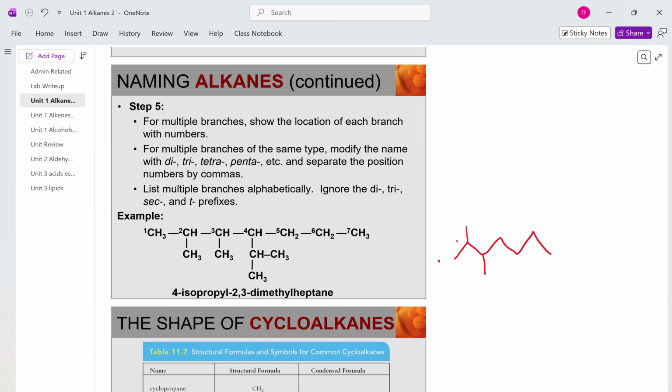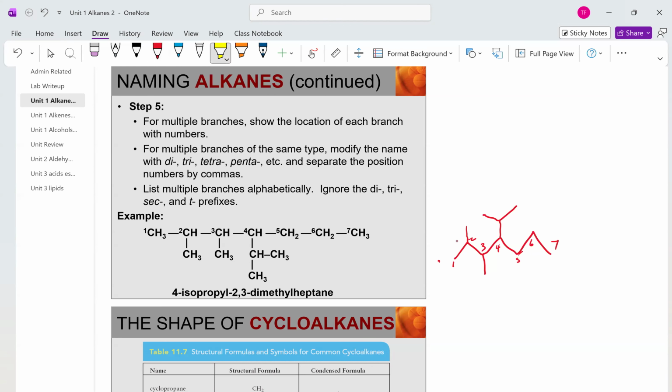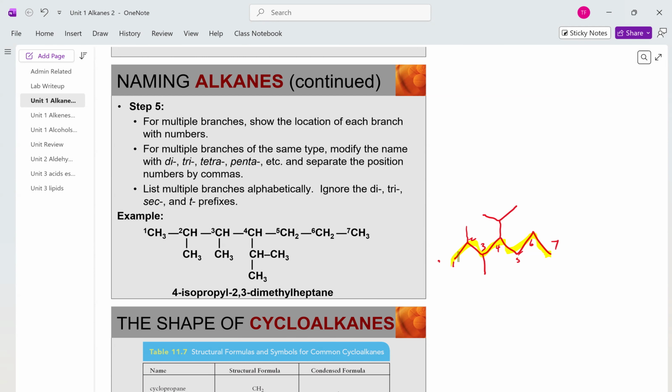And on carbon number 4, there is an isopropyl group, which looks like that. So the backbone is 7 carbons long, and we've got 2 methyl groups and an isopropyl group that are not on the backbone but are branches.